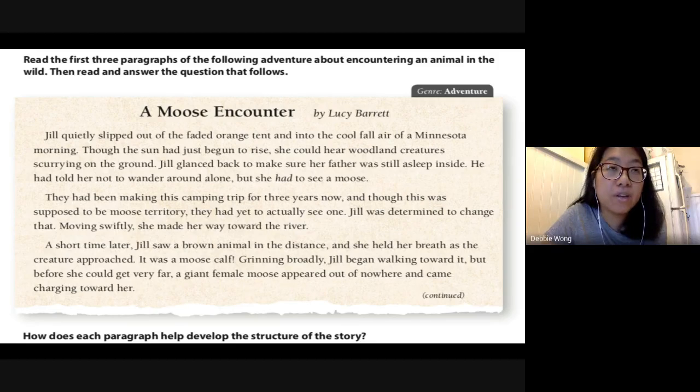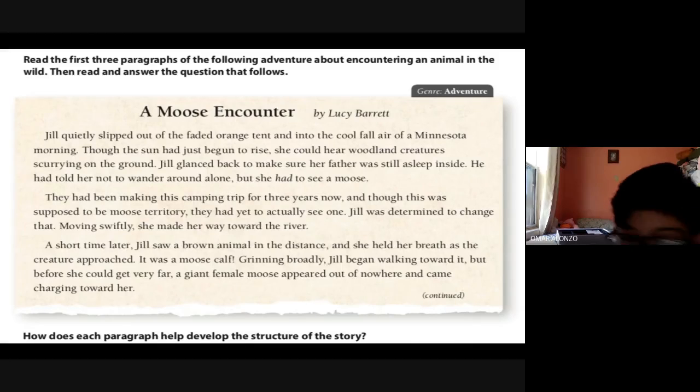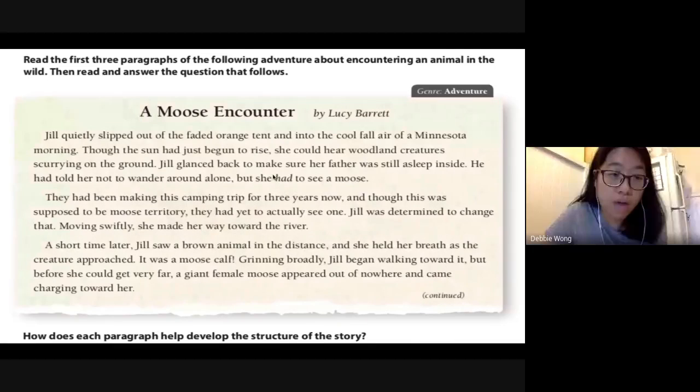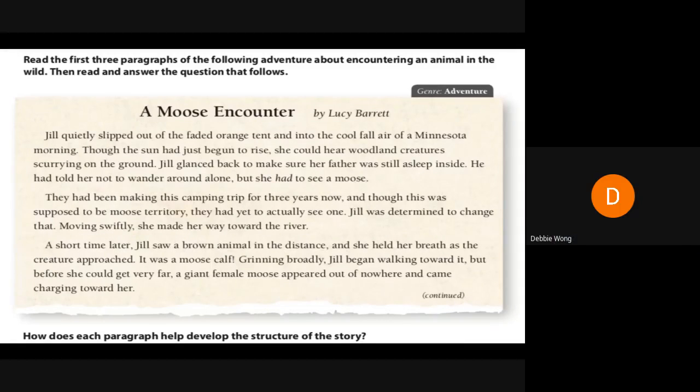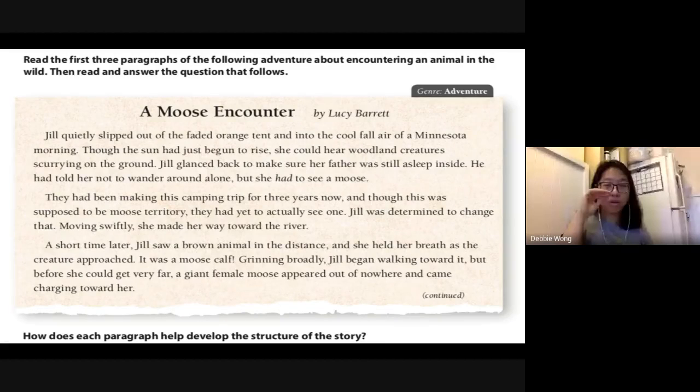All right. So what is happening that now it's reaching the climax? The problem is building, and now it's going to go towards the climax.